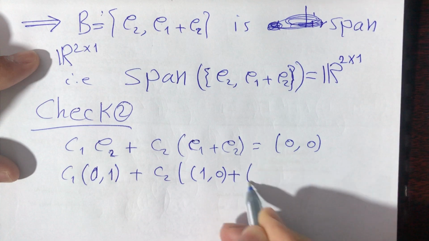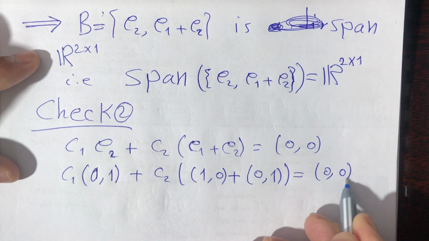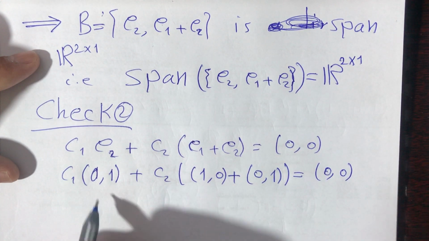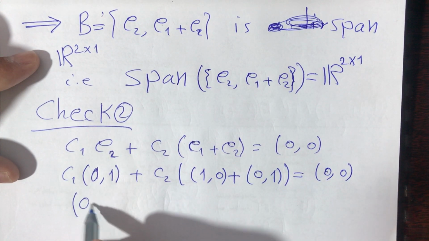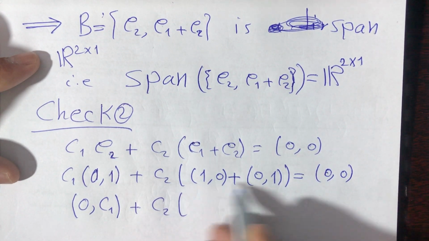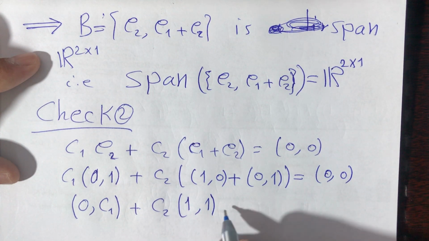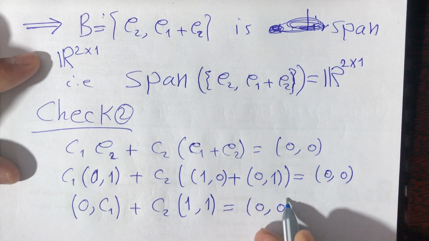C2 equal here 1 0 plus 0 1. This is equal to 0 0, and moving here will be 0 C1 plus C2, sum this will be 1 1, equal to 0 0.